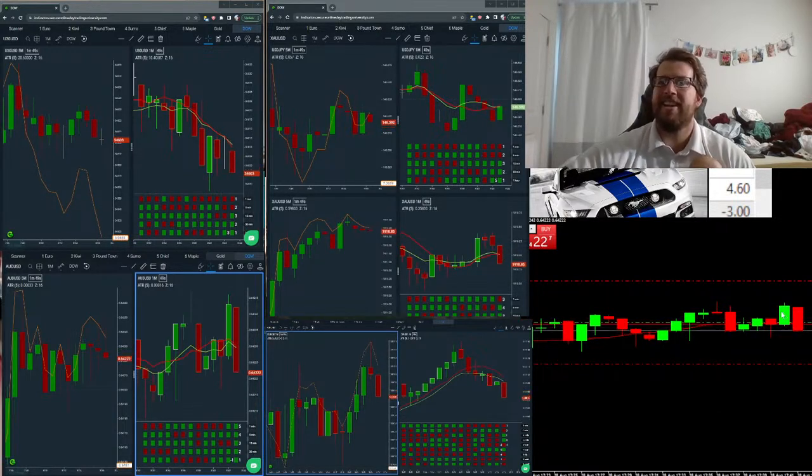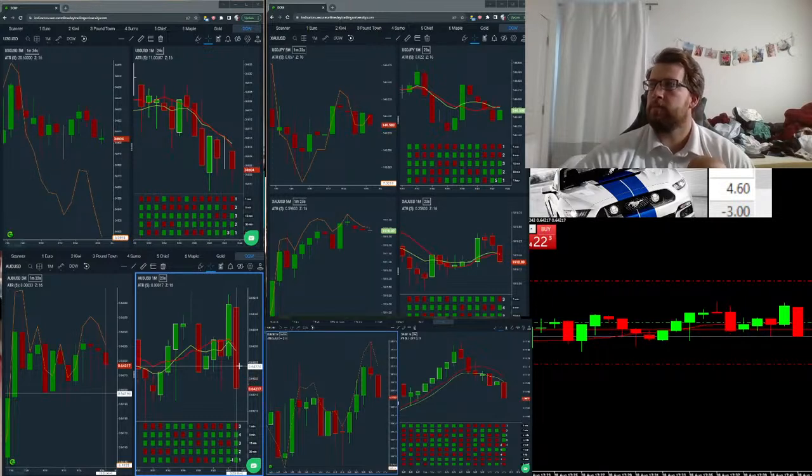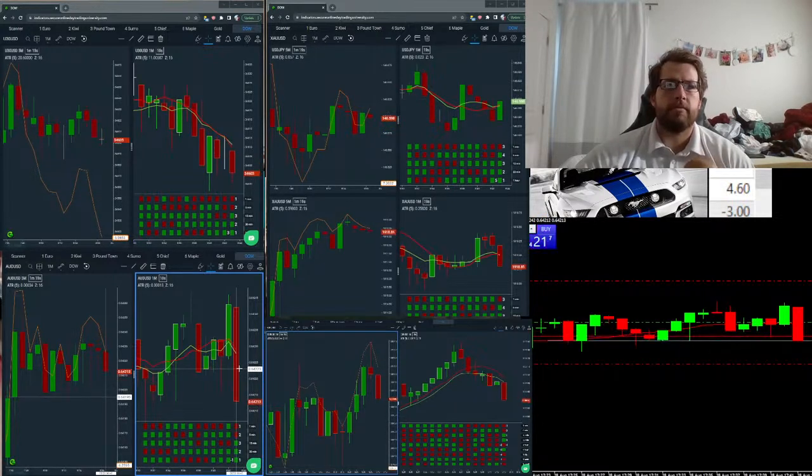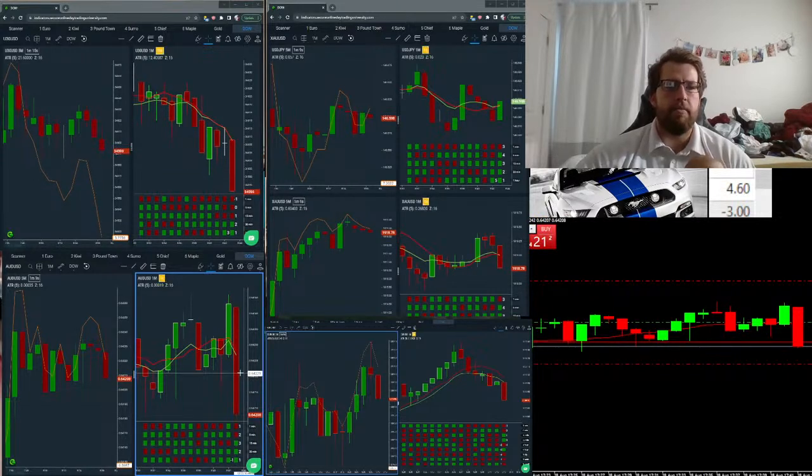I was gonna say the Aussie's looking like it's moving up as it moves down. That is a big bearish bar too. Very big, ugly bar.